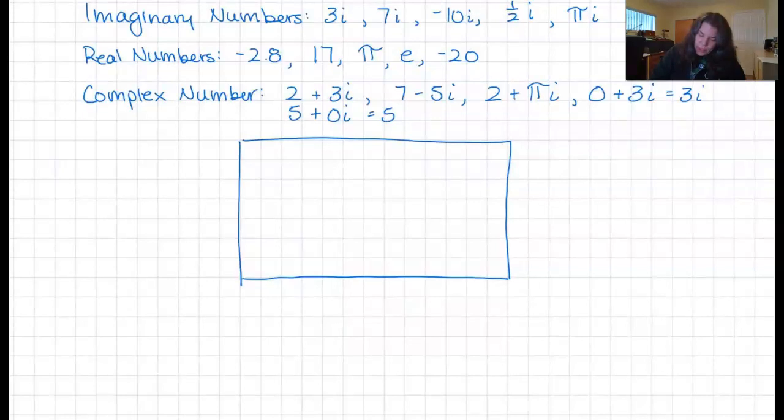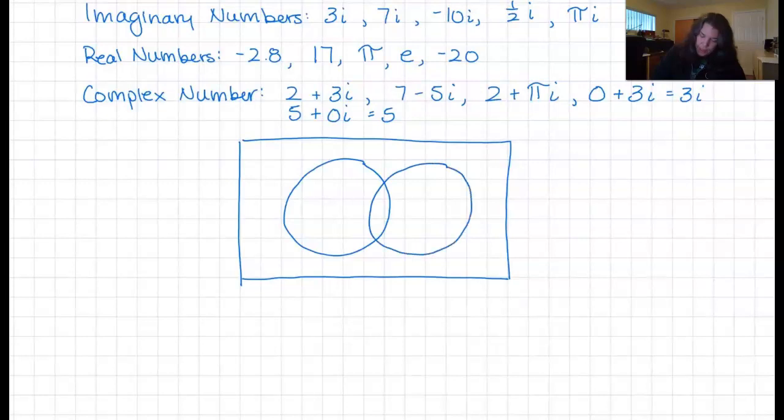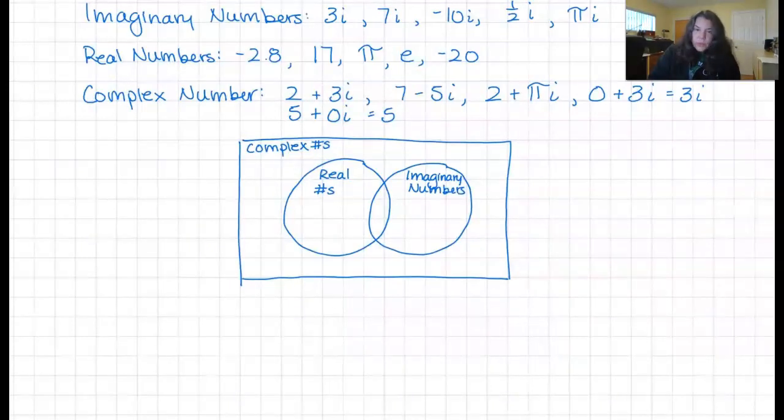If we take two circles and overlap them, the rectangle is going to represent complex numbers. One of the circles will represent real numbers. Another circle will be imaginary numbers. Real numbers we know.